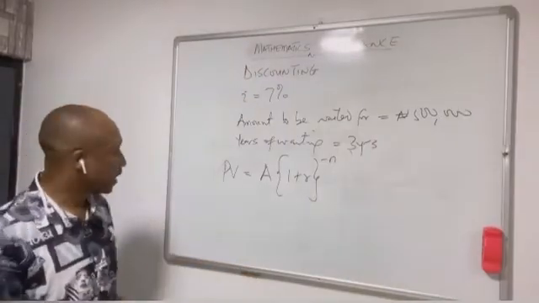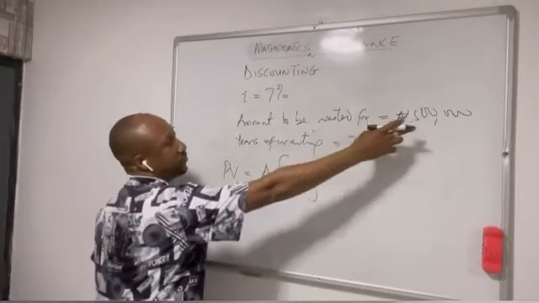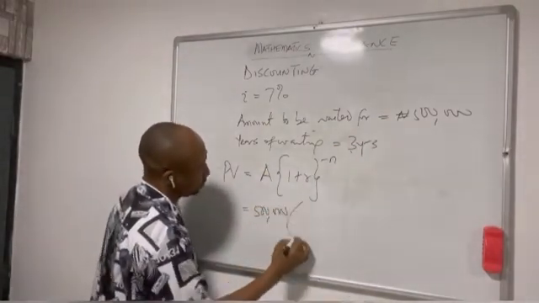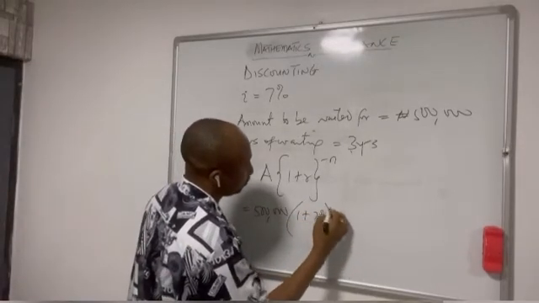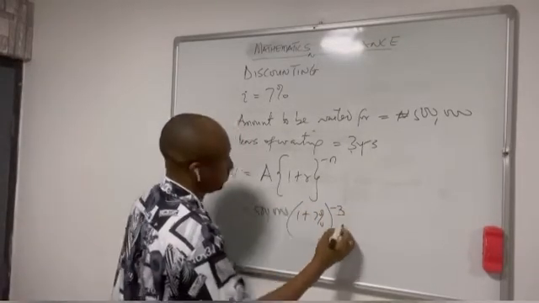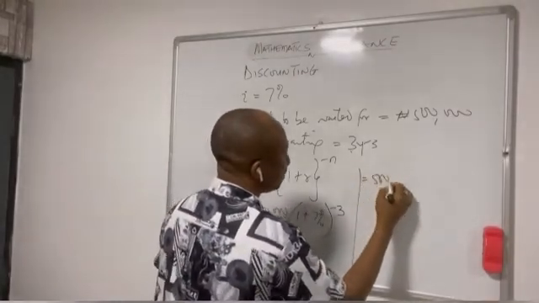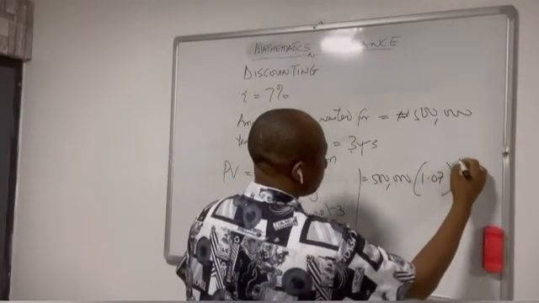The amount that you wish to collect presently, instead of waiting for 3 years to collect 500,000, will be 500,000 into 1 plus 7% raised to power minus 3. That will give you 500,000 into 1.07 raised to minus 3.